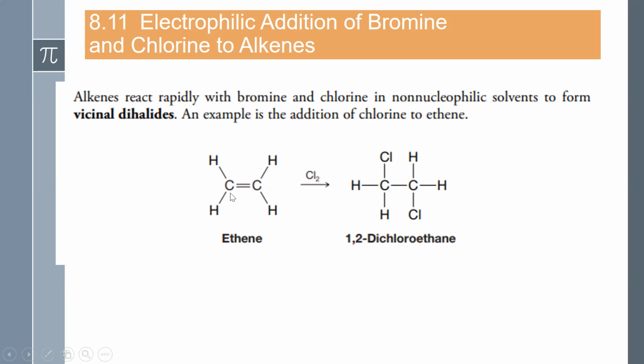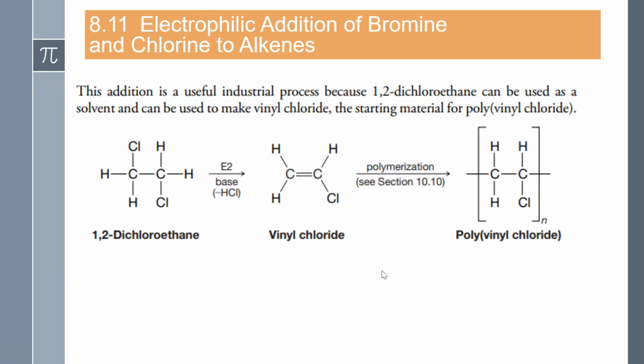So for example, if you have your ethene in the presence of your halogen, say your chlorine, you will have your chlorine added here. The addition is a useful industrial process because, for example, if we're able to produce 1,2-dichloroethane in the process of the addition of chlorine to an alkene like ethene, it can be used to make vinyl chloride.